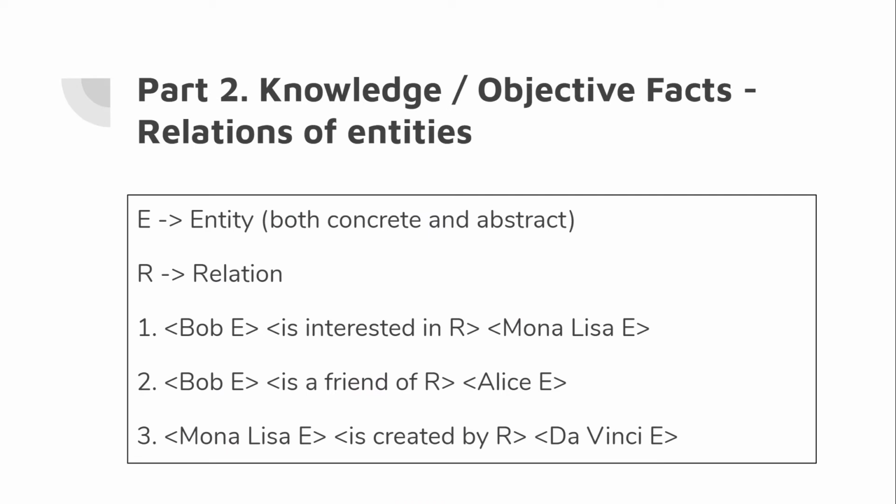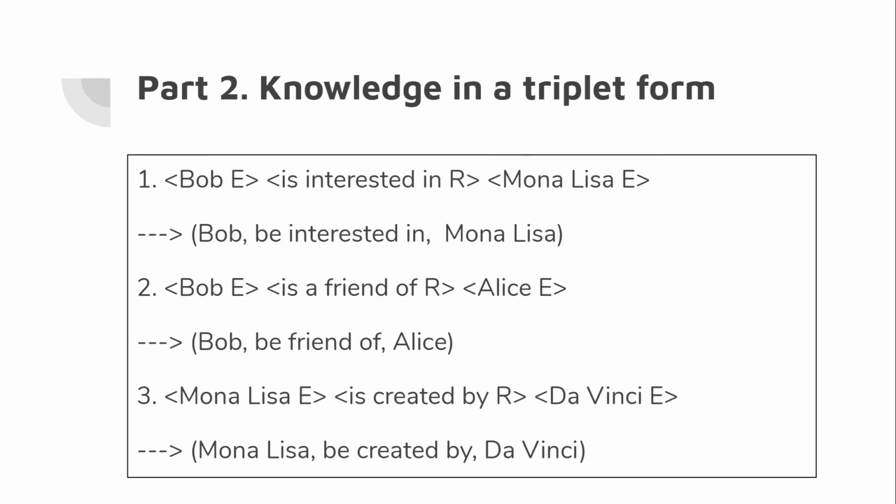So now let's dig into the concepts of knowledge graph, entities and relations. Take a look at the sentence, Bob is interested in Mona Lisa. In this example, Bob and Mona Lisa are entities, and interested in is called the relation. For convenient representation, we put the sentence into a triplet as follows.